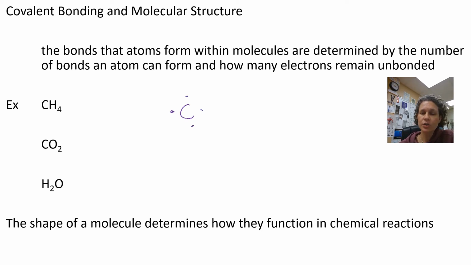Each hydrogen has 1, and there are 4 of them, and so they bond. I know my dots don't look great, but they bond like this. This is what they call a tetrahedral shape. It's very symmetrical, very equal, everything is spread out nicely. To me, that doesn't really mean a lot, but it does determine chemically how that compound will react.